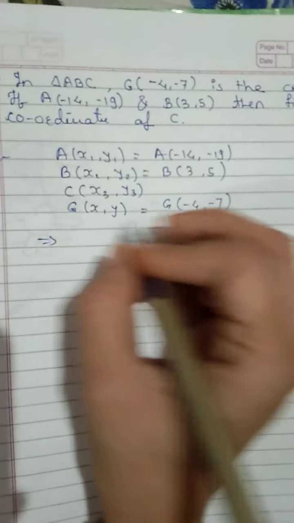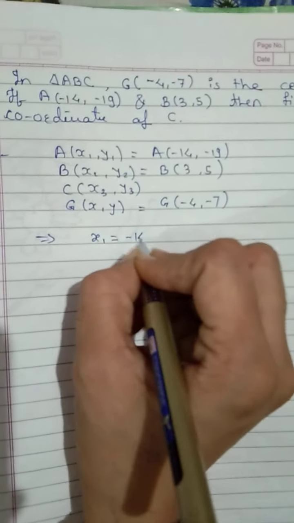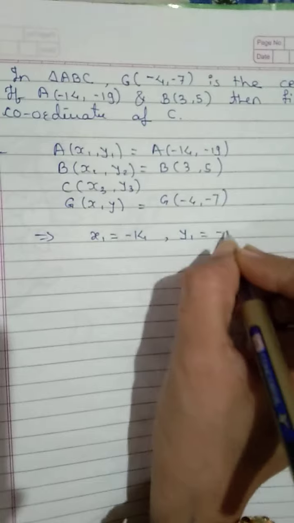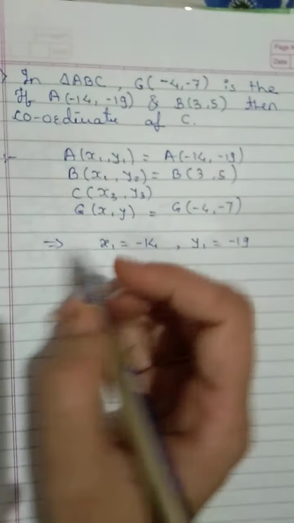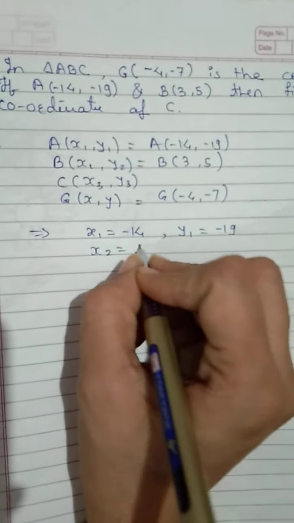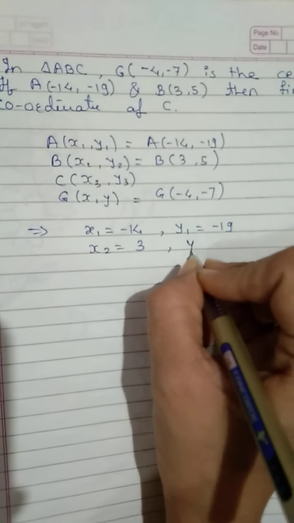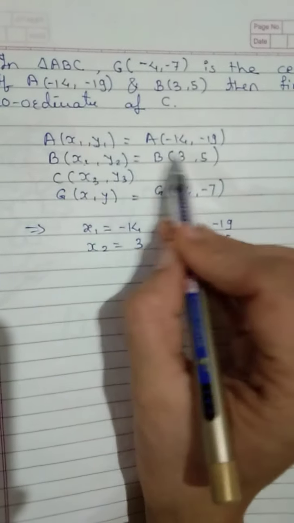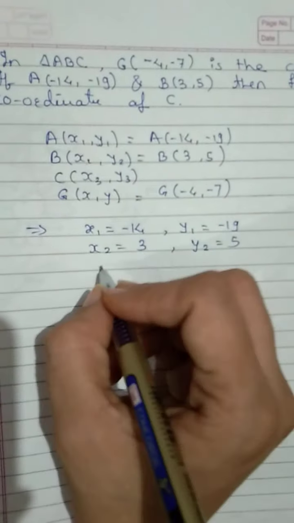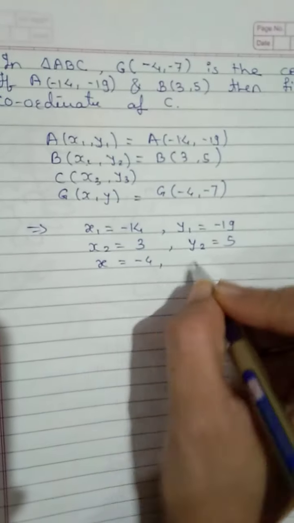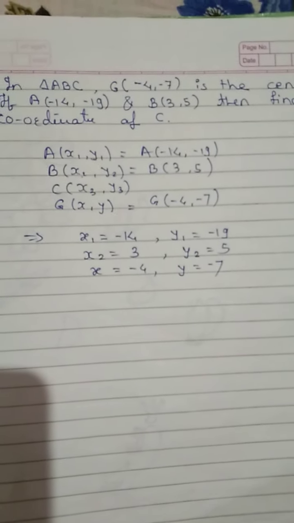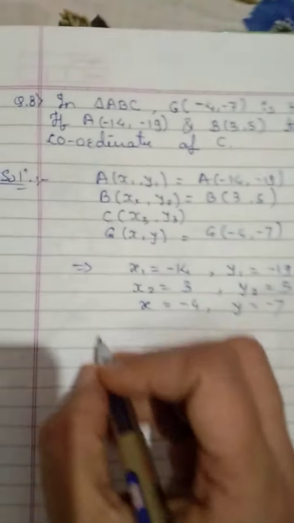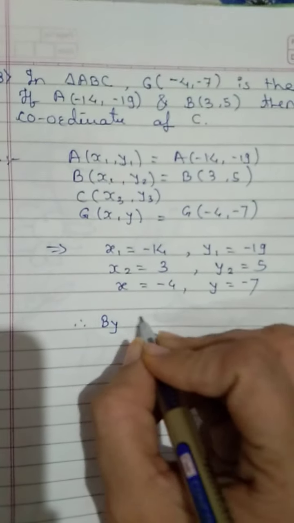So x1 is equal to -14, y1 is equal to -19. x2 is equal to 3, y2 is equal to 5. C we have to find out. x is equal to -4 and y is equal to -7. Centroid is given, so we are going to use the centroid formula.